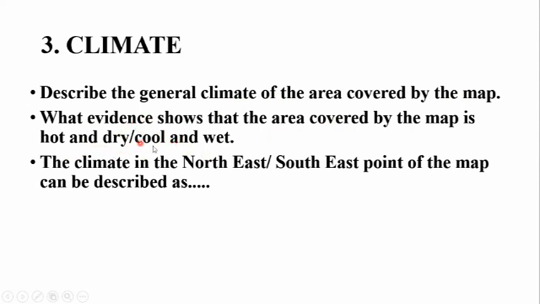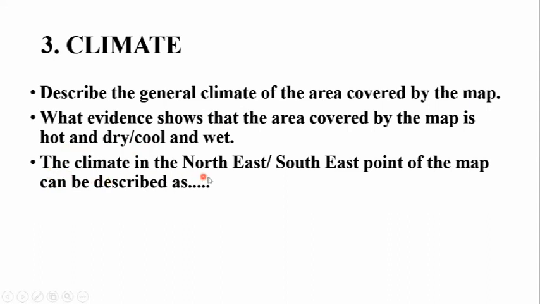Basically, if you look at this question, they have twisted the first one. That's the general climate of the area. And in this one, in the whole area covered by the map, which evidence shows that it's hot and dry. Then we go to the third one, the climate of the part.